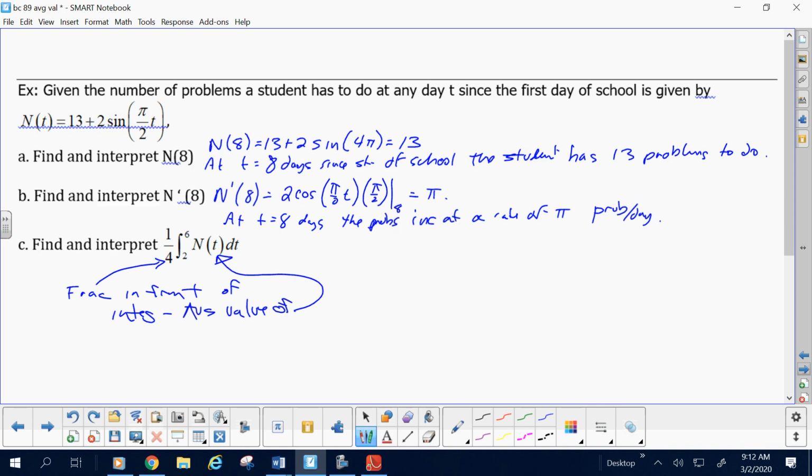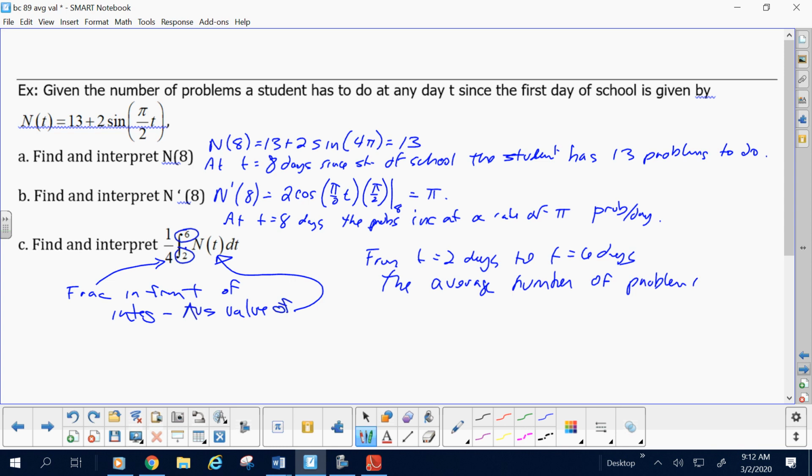All right, so let's say it's something in there. We would say, first let's refer to the time interval. From time equals 2 days to time equals 6 days, the average number of problems the student has is whatever the number is.